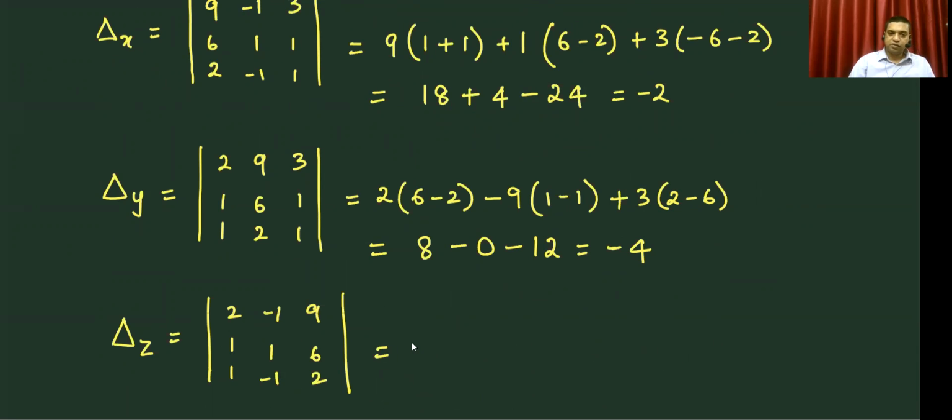Now expand. 2 times 2 minus of minus 6 plus 6. Then minus of minus 1 becomes plus 1 times 2 minus 6 plus 9 times minus 1 minus 1.